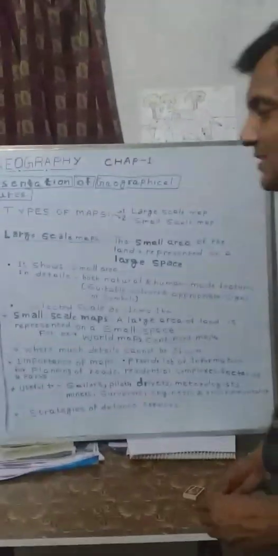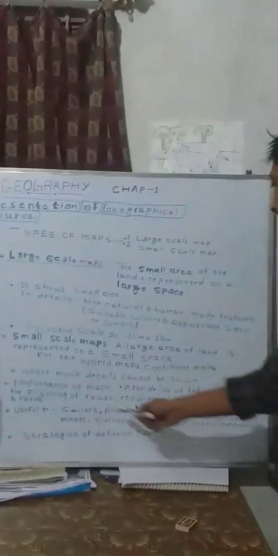Now students, we will see the importance of map. Students, maps are used by human beings for fulfilling many purposes. Importance of map: maps provide a lot of information for planning of roads, residential complexes, factories and parks. So for constructing all of these places, the information provided by the maps is very important.